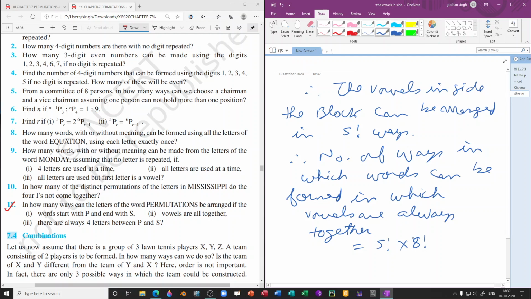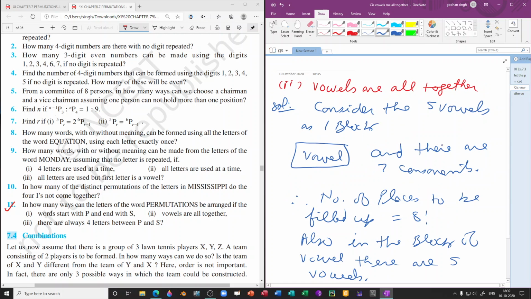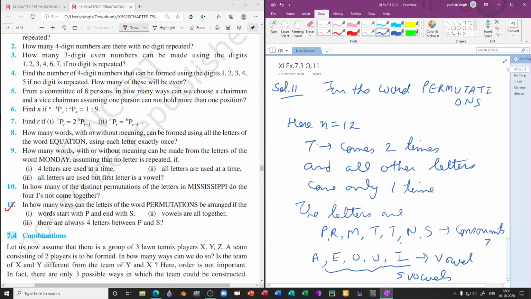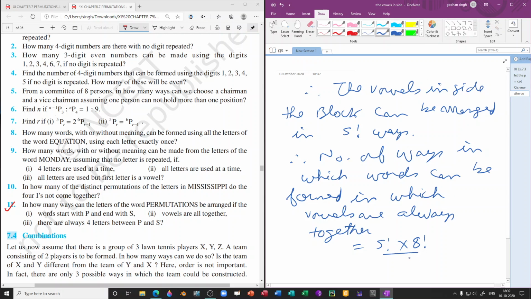So 8 factorial, and if we see back from the beginning, in these 7 consonants the consonant T is being repeated 2 times, so we'll have to divide by 2 factorial. So this will be our required answer, and let's simplify this one.